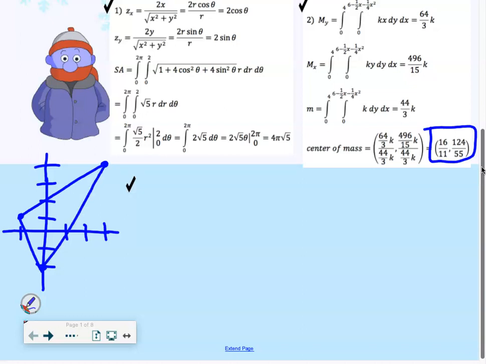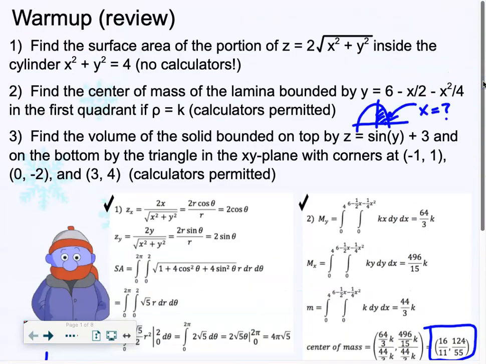I get this triangle. These are the boundaries. Like if you think flat, you'd have to take this and put it on the floor. Those are the boundaries, and then my z function is floating over the top. And we know that the z function never intersects the xy plane because it's sine y plus 3. The lowest sine y can possibly be is what?